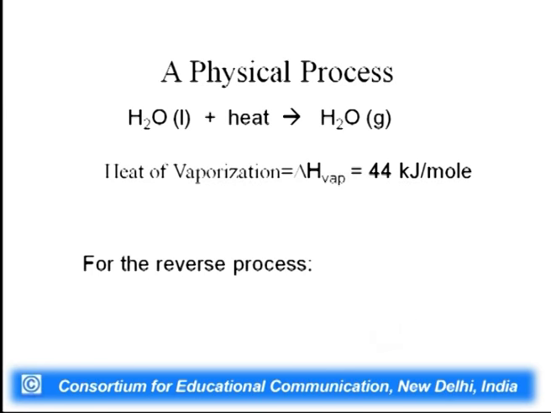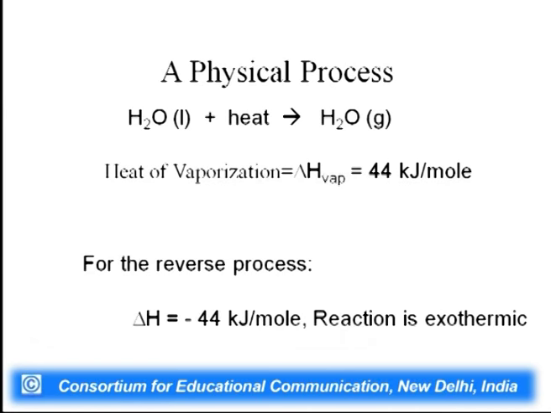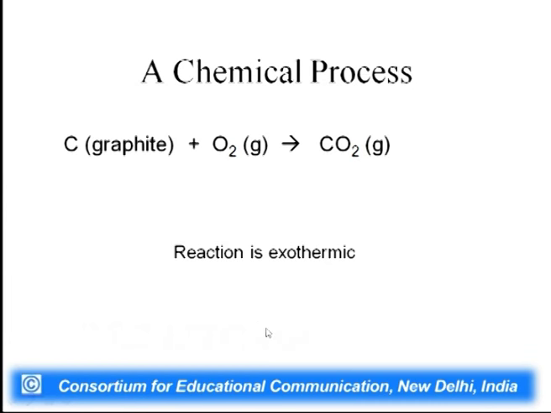For the reverse process, going from gaseous form to liquid form, delta H is going to be minus 44 kilojoule per mole. For the reverse process, delta H is always the negative of the forward reaction. So, for vaporization, the process is endothermic, whereas from gas to liquid, it is exothermic.